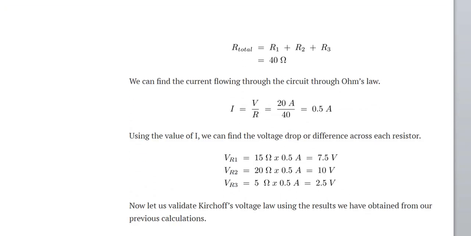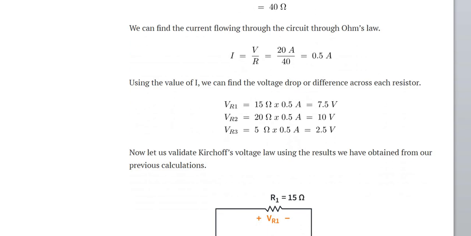We can find the current flowing through the circuit through Ohm's law. So we know that V is equal to IR and I is equal to V by R. So V has been given as 20 and the total resistance, as we have now calculated, is 40. So 20 by 40 is equal to 0.5 amps. This is the value of current.